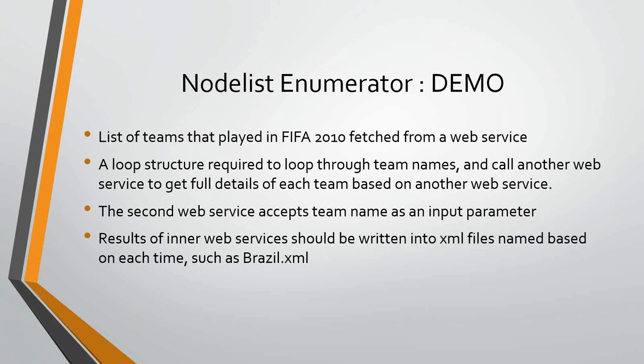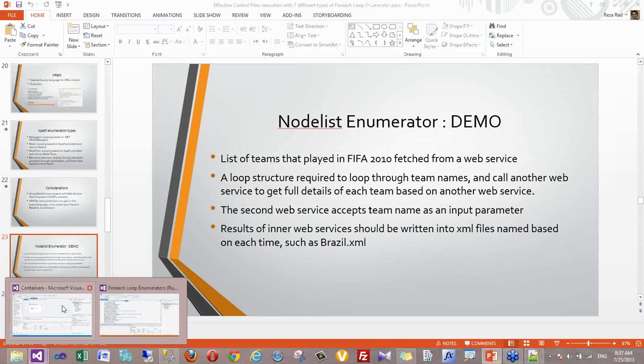As a result, we want to generate the result of the second web service and second web method and put the result into an XML file named based on the team, for example, Brazil.xml. So I start to show you that sample here.